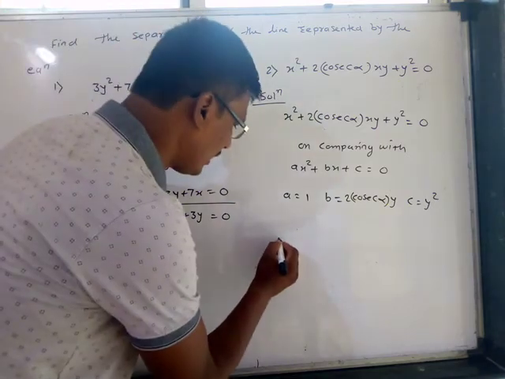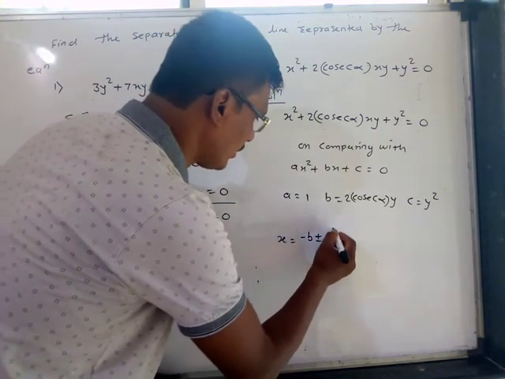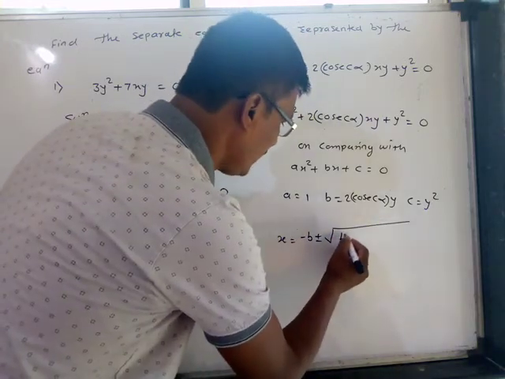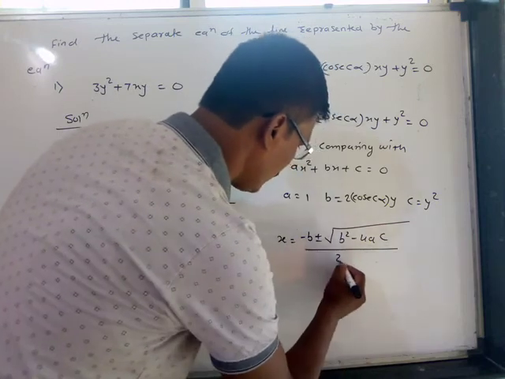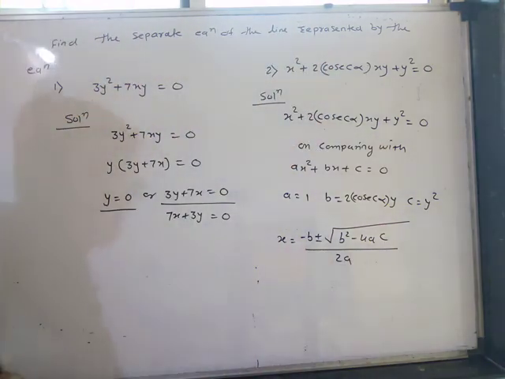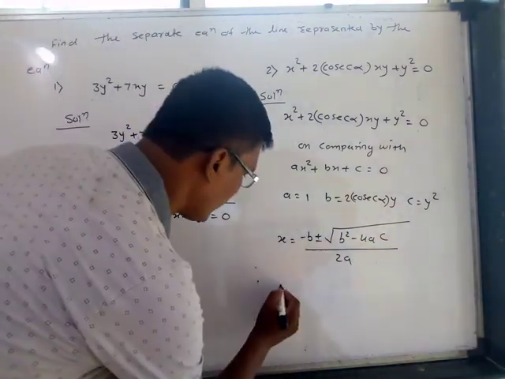So we have to solve this quadratic equation by the formula method, and we know the formula: x is equal to minus b plus or minus root of b square minus 4ac divided by 2a. So put the values.